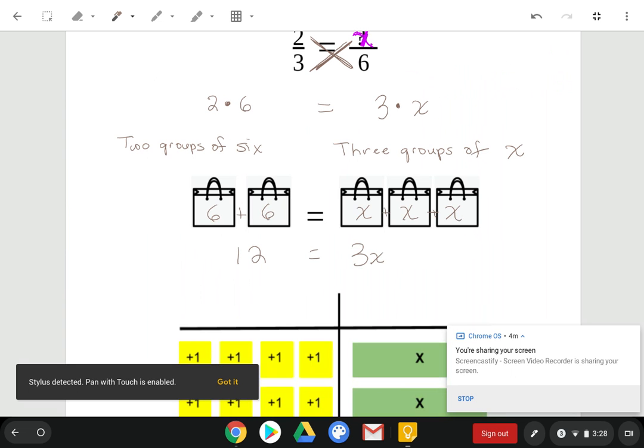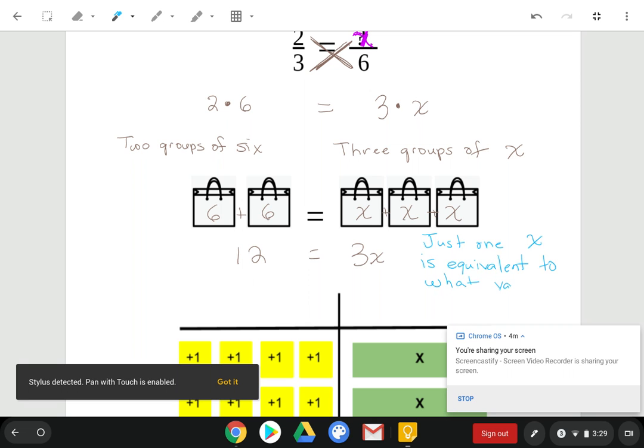And the question that we have to answer is, just one x equals what? Or just one x is equivalent to what value?